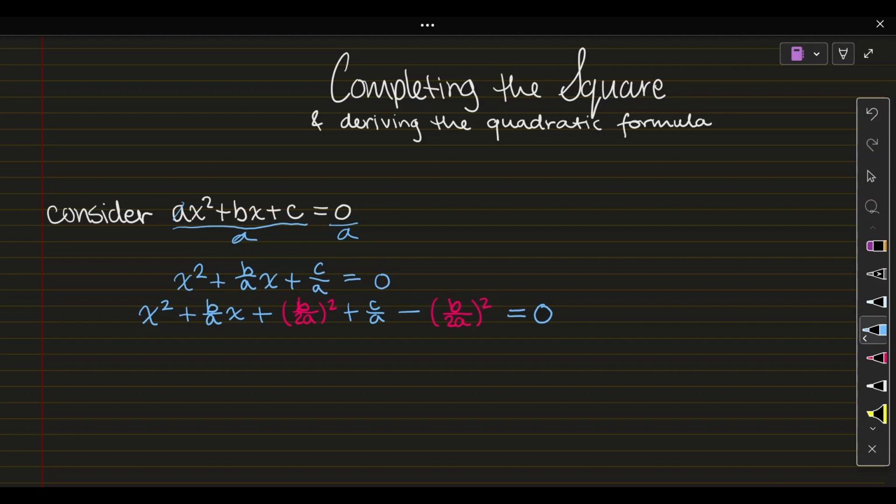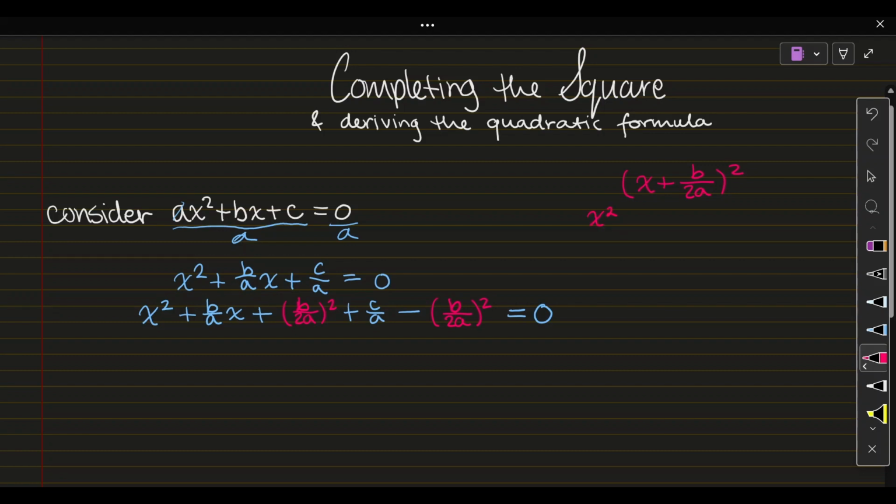And so next, I'm going to notice something here. We're going to take a little tangent and compute this. So consider x plus b over 2a all squared. Let's FOIL this.